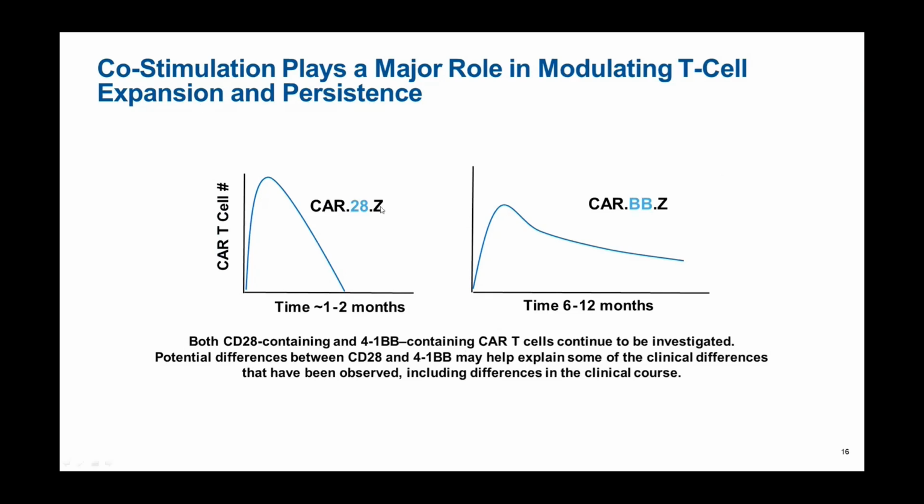Co-stimulation, therefore, probably plays a major role in modulating this CAR T expansion and their persistence long term. And this is just a demonstration of what you might expect to see in terms of those pharmacodynamics of the CAR T expansion with a CD28 second co-stimulatory construct and with a slower acting 4-1BB construct.